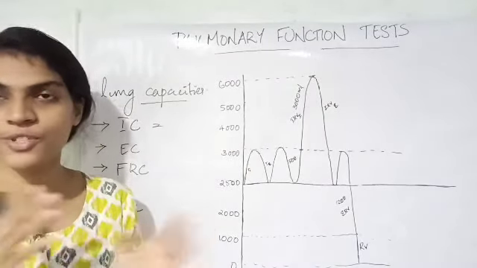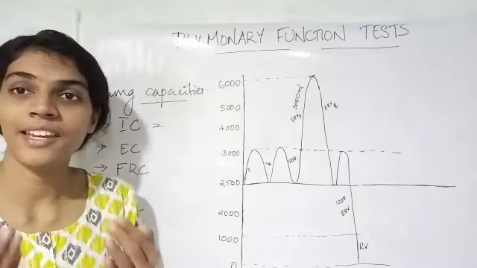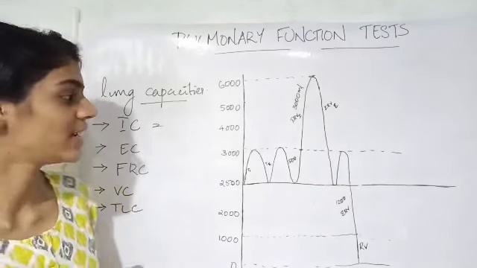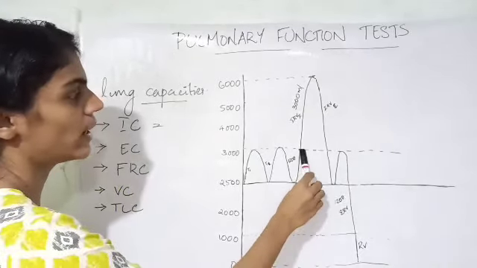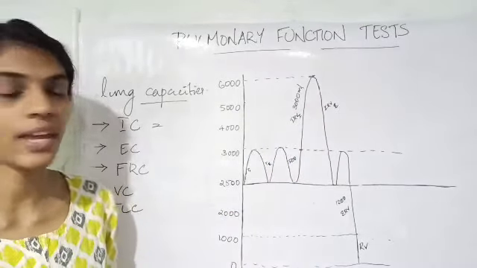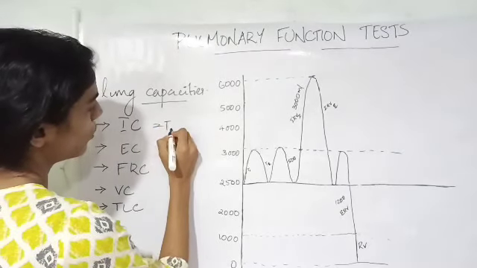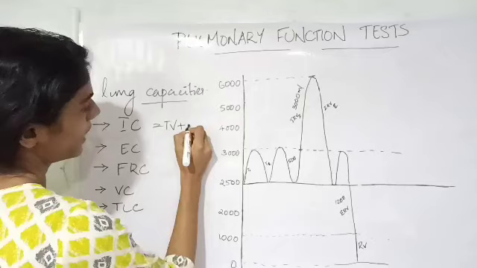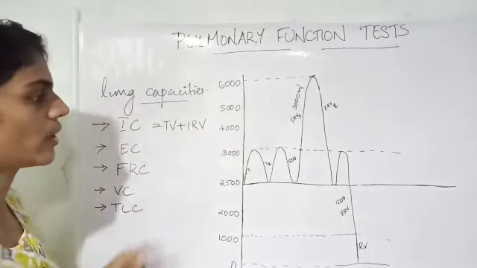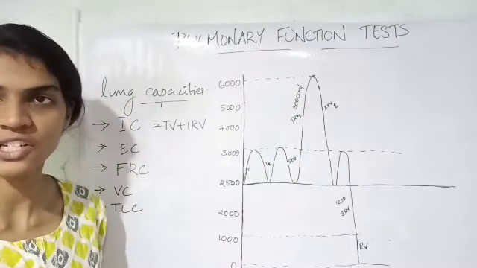So inspiratory capacity is tidal volume plus inspiratory reserve volume. This together constitutes one forceful respiration.